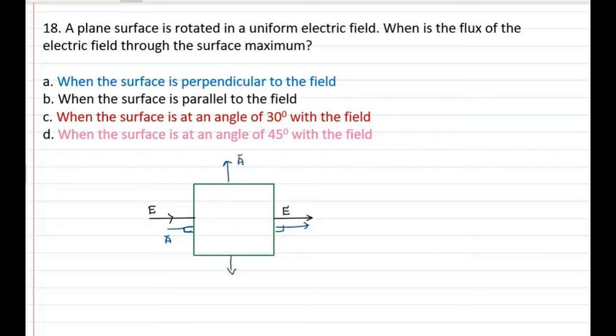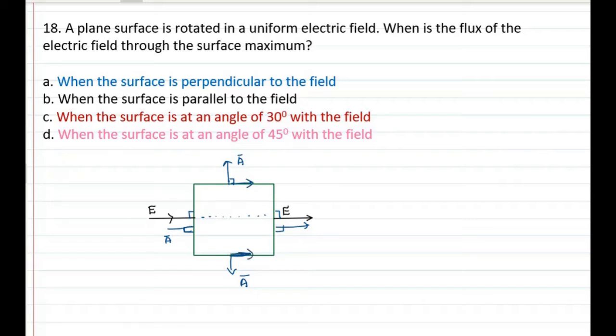These are the surfaces of any plane surface. For example, I am taking this diagram. It's a plane surface where the electric field will be perpendicular to the surface. Here the electric field is perpendicular, and here too. So electric field is entering and leaving like this. In this case the electric field will be parallel to the surface, and in this case also.